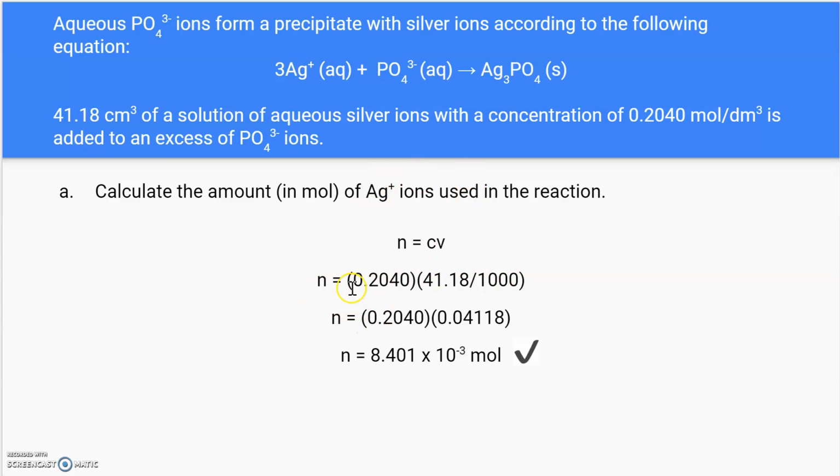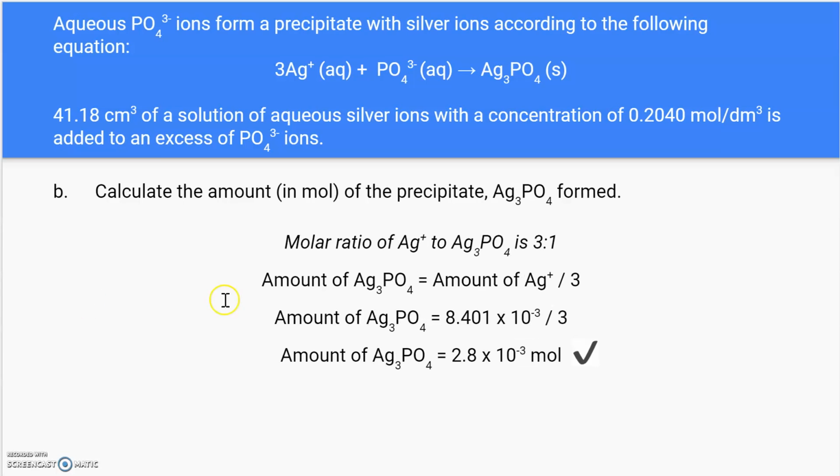But once you do that, you just multiply the concentration by that volume divided by 1000, and you get that the moles of silver ions used in the reaction is 8.401 times 10 to the negative third.